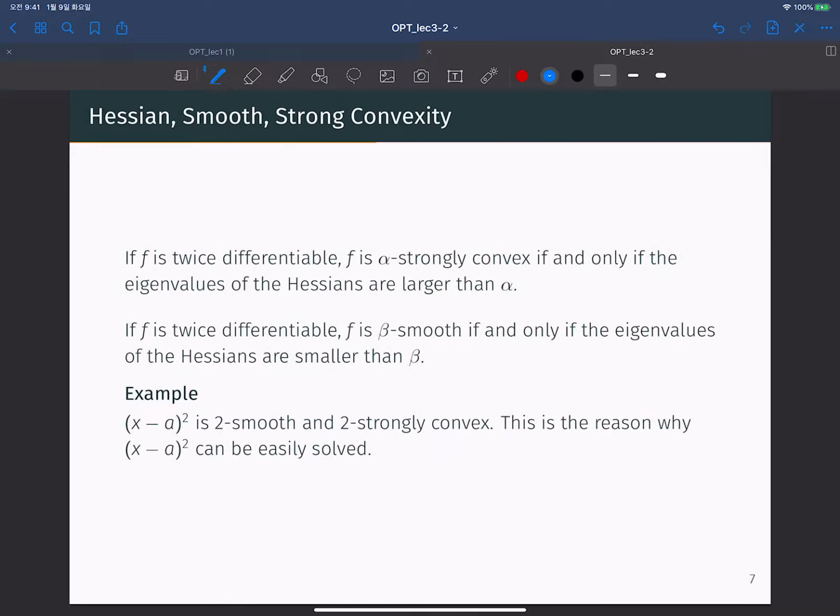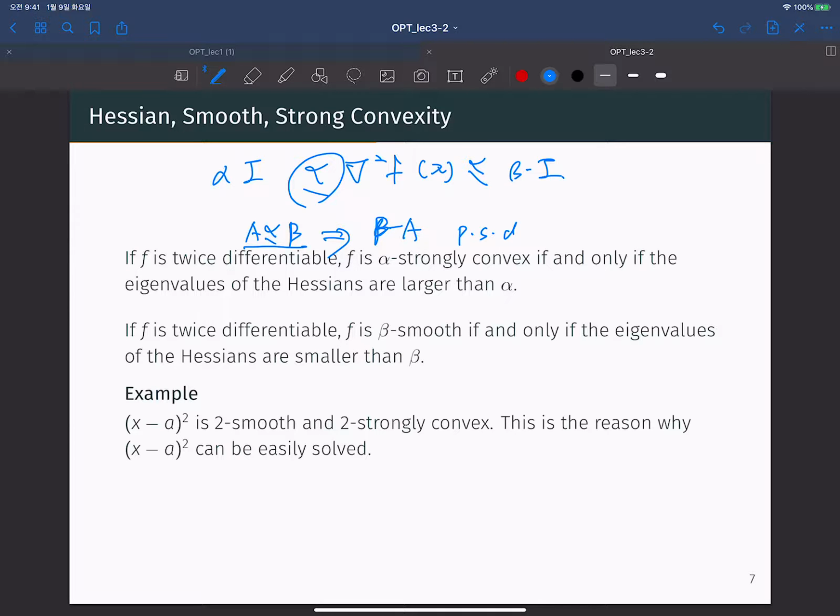Okay, so with this notation, you can say the Hessian of f(x) is always upper bounded by beta times the identity matrix, and always lower bounded by alpha times the identity matrix. Here, this notation means that when we say matrix A is less than or equal to matrix B in the positive semi-definite sense, then B minus A is positive semi-definite.